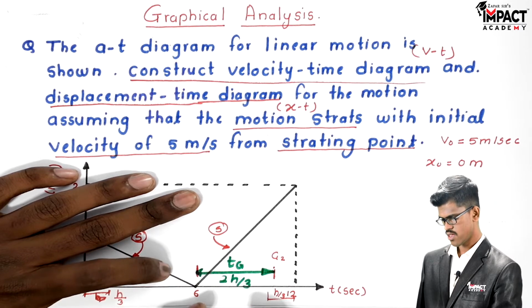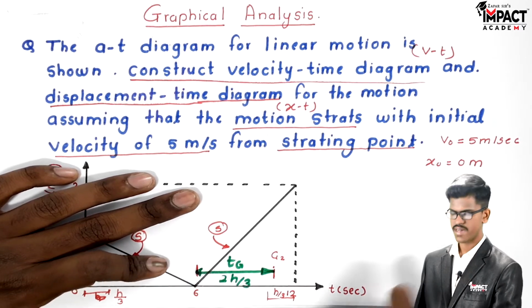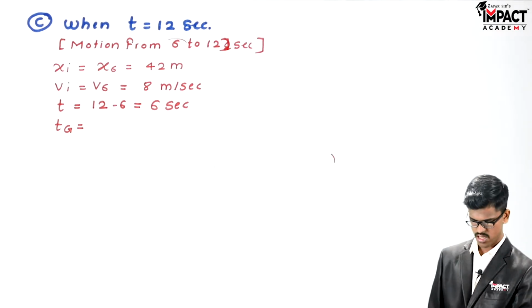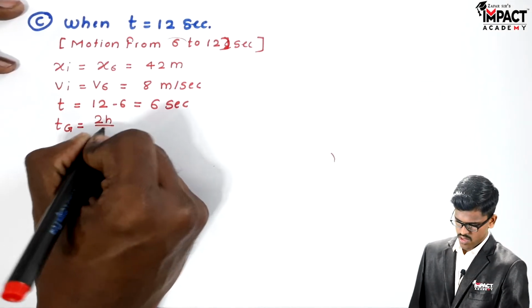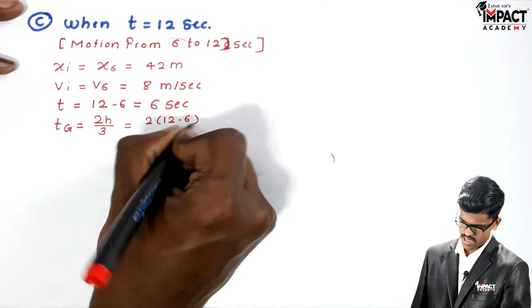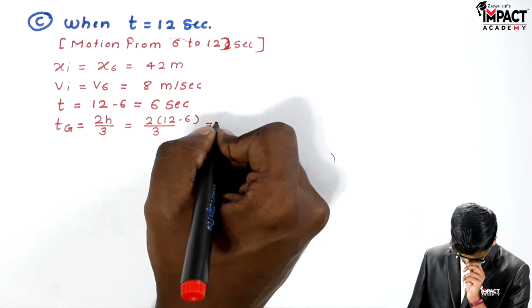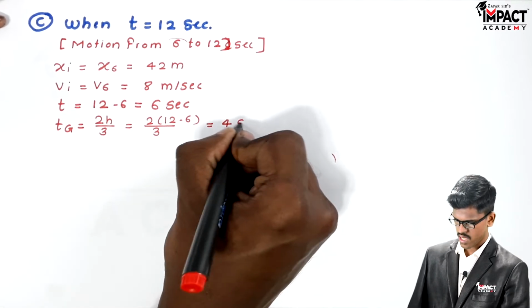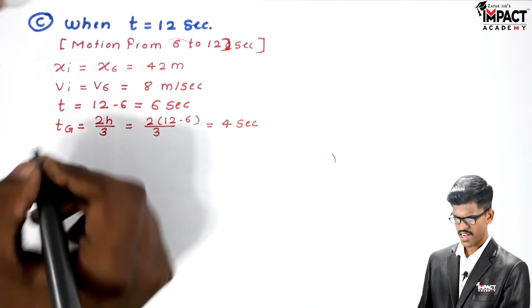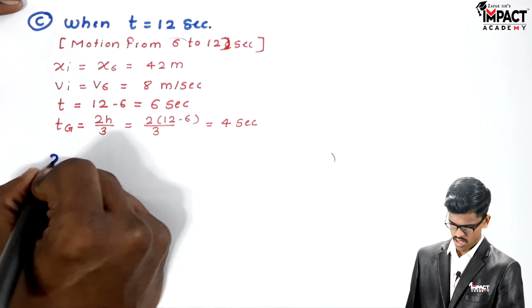H by 3, h minus h by 3 is 2h by 3. So we get tg as 2h by 3. H means 12 minus 6, so tg is 4 seconds.